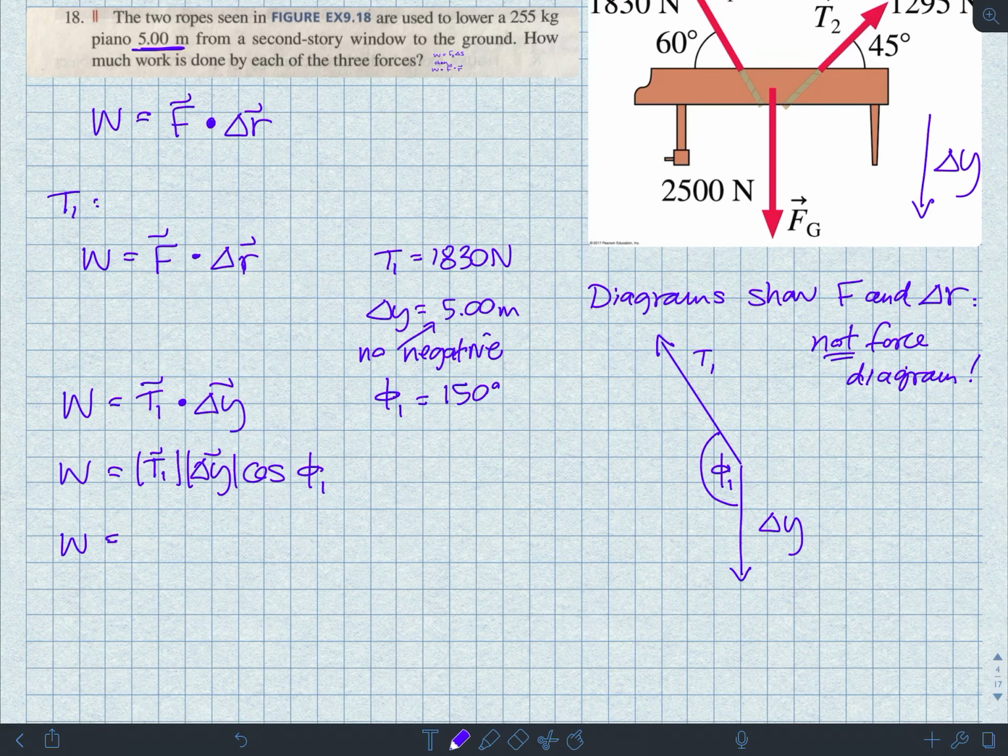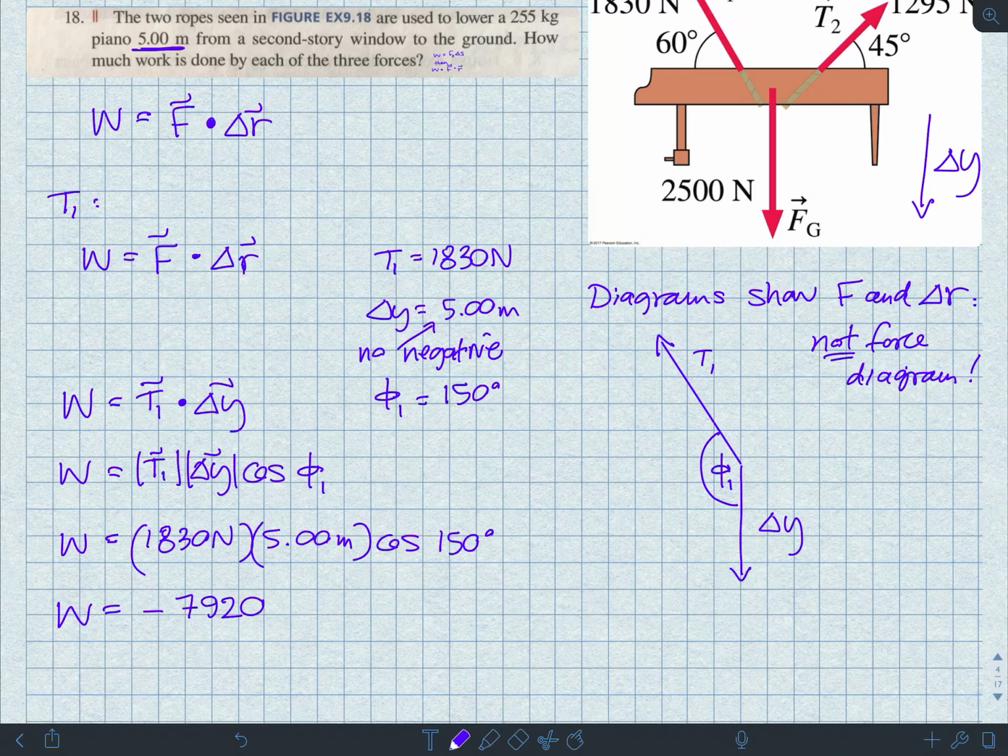The magnitude of tension 1, times the magnitude of the displacement, times the cosine of 150 degrees. Let's see what that gives us. Let's just keep 3 sig figs, so we'll go negative 7920. I'm just going to round that off.